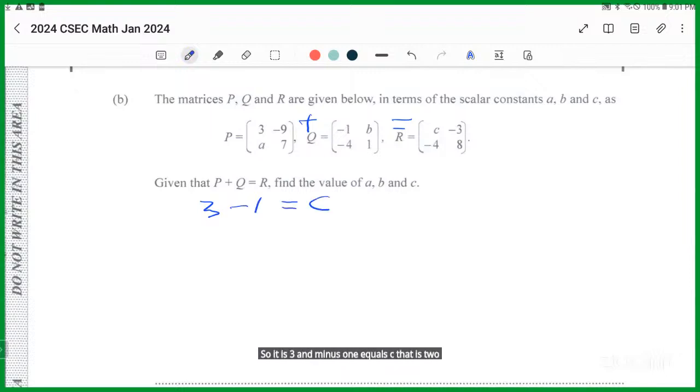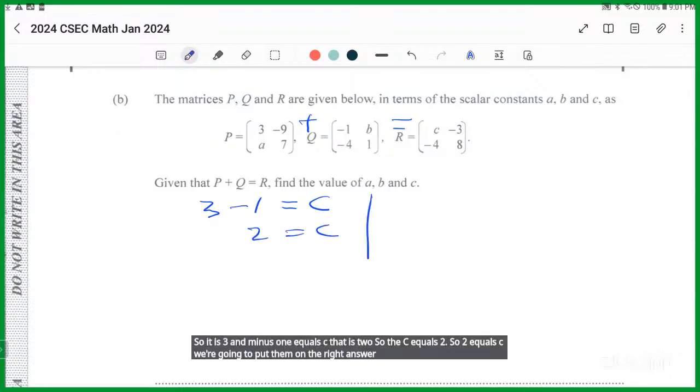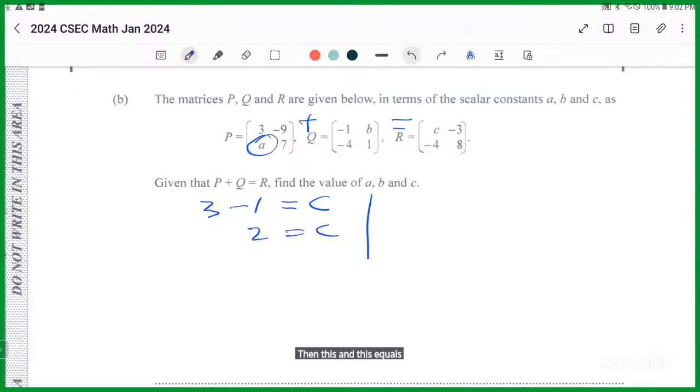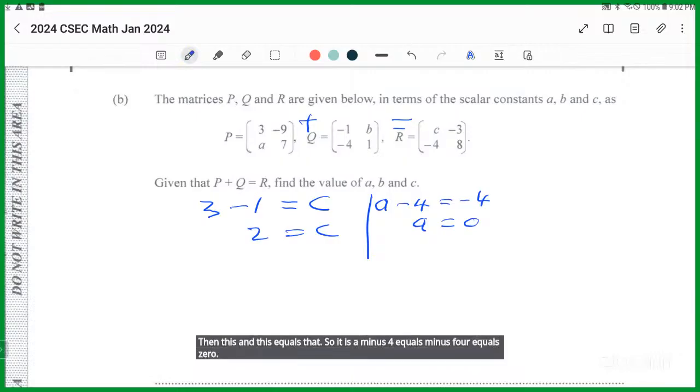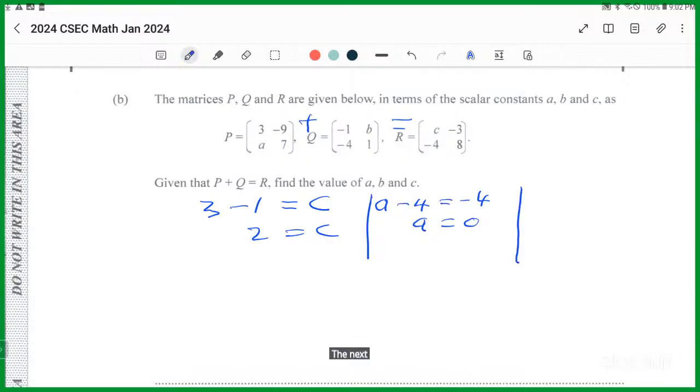So C equals 2. Then this and this equals that. So it is A minus 4 equals minus 4. So clearly the A equals 0. Then the next one, the B now, it is this and this that is equal to that.